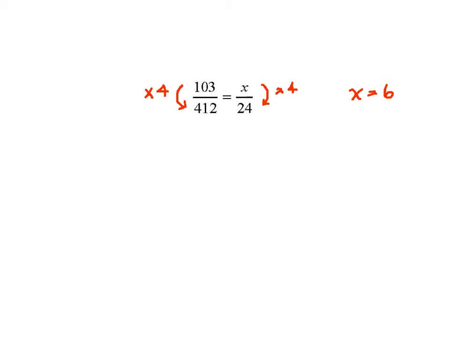Let's look at another example like that. In this problem, we have a pretty simple relationship going sideways, which is that 12 is 1.5 times 8.